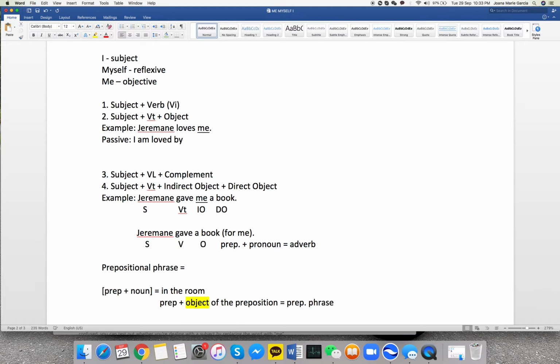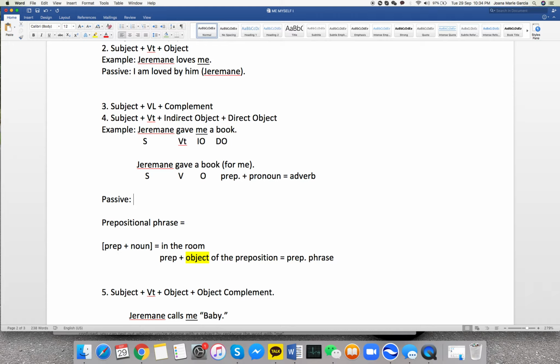Now, for indirect object, there are two possible passive forms because there are two objects there. For the first one, a book was given by Jermaine to me. There you go.